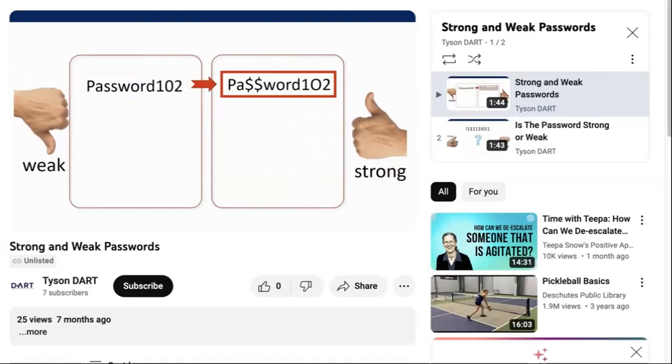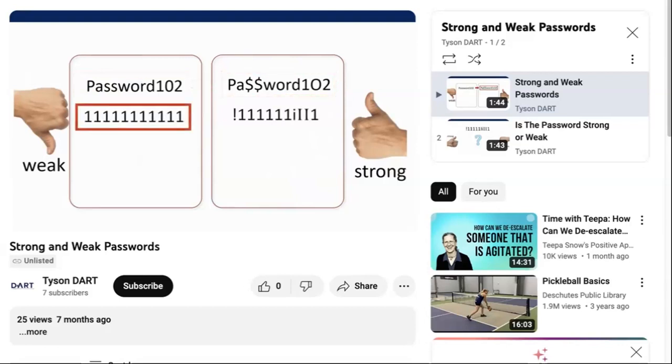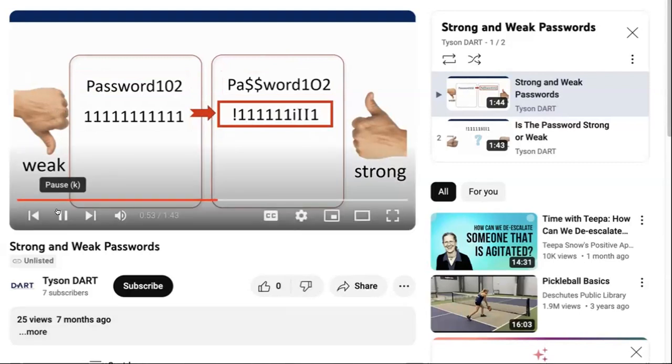This is a strong password. It contains an uppercase letter, lowercase letters, numbers, and symbols. This is a weak password. It is easy to guess. This is a strong password. It contains uppercase letters, a lowercase letter, numbers, and a symbol.